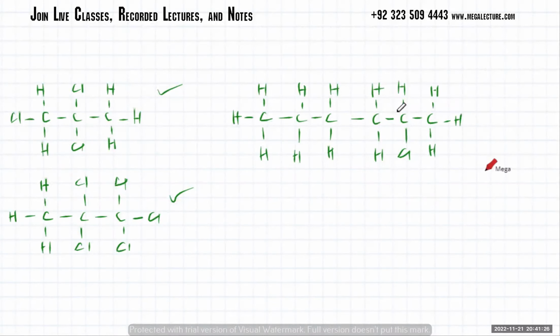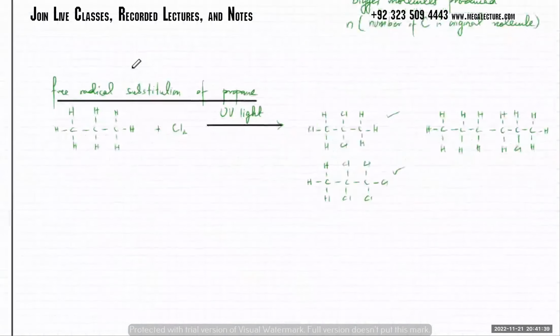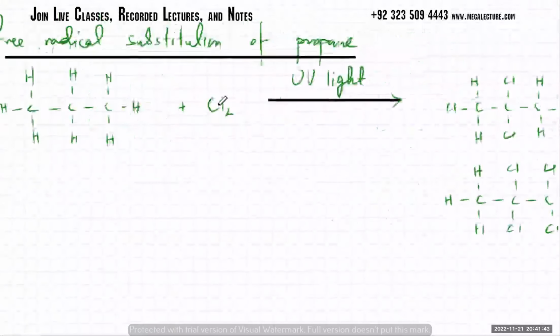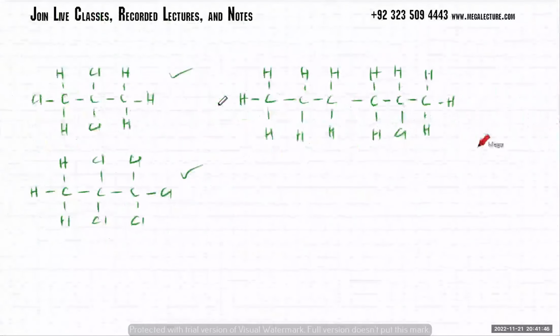Will you get this molecule? Yes, sir. You will get it, because how will you get this molecule? A Cl radical will come in and grab any of the hydrogens and it will become a radical, right? So you'll definitely get this molecule.